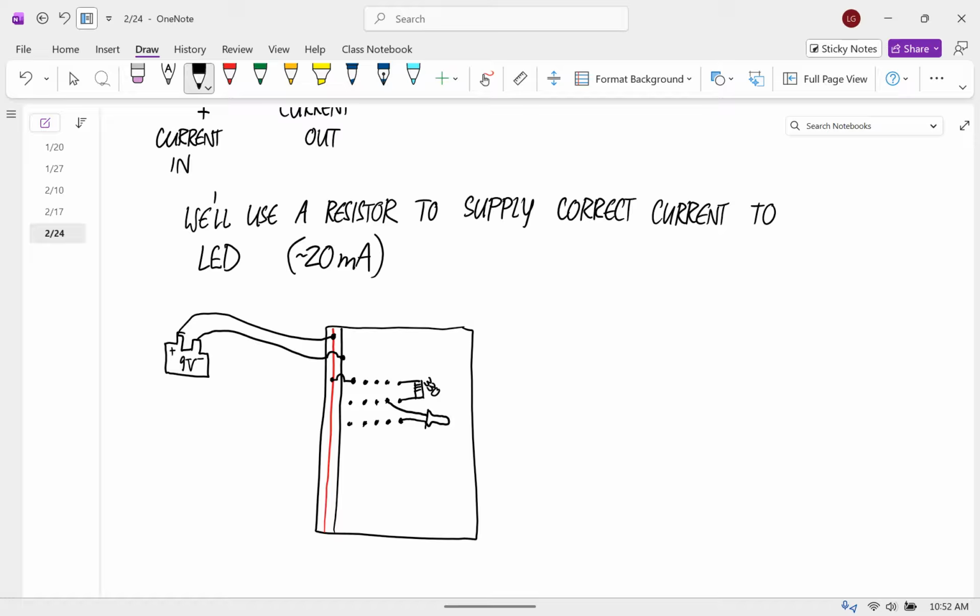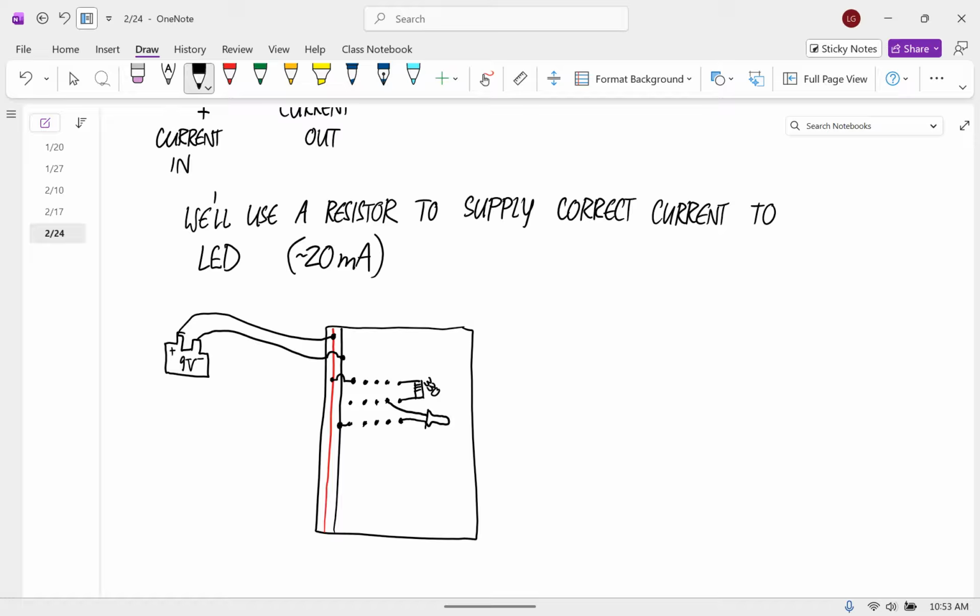And then I'm going to go from the row that has the negative terminal of the LED to the negative rail. And so the way this works is we go from the positive rail to one side of the resistor, out the other side of the resistor to the positive side of the LED, out the negative side of the LED to the negative rail. Okay.